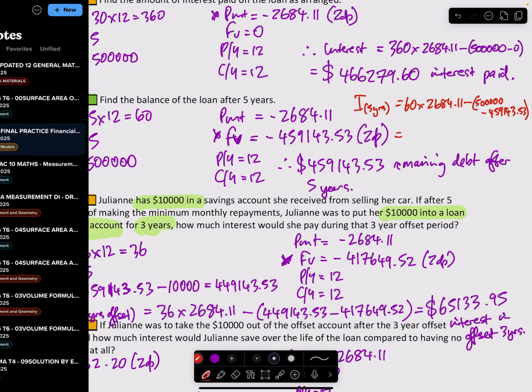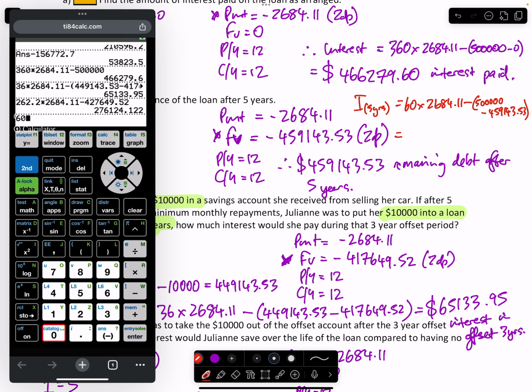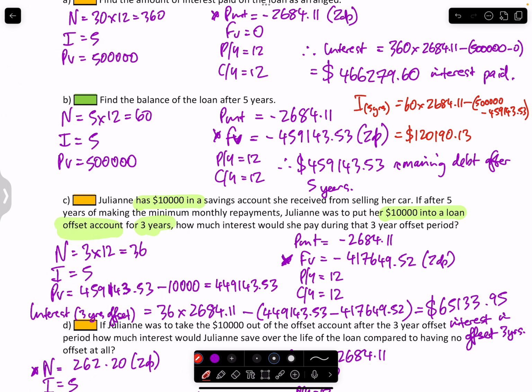Equals 60 payments, 2684.11, take away 500,000, take 459,143.53, $120,190.13 interest in the first 5 years.